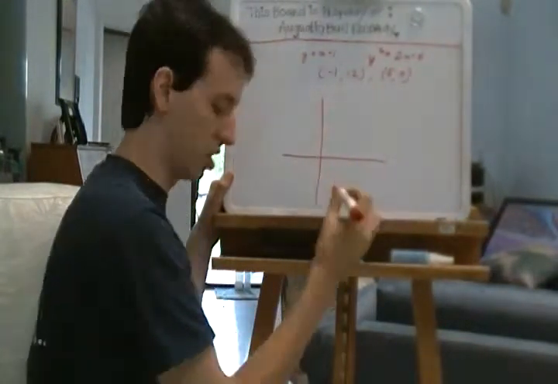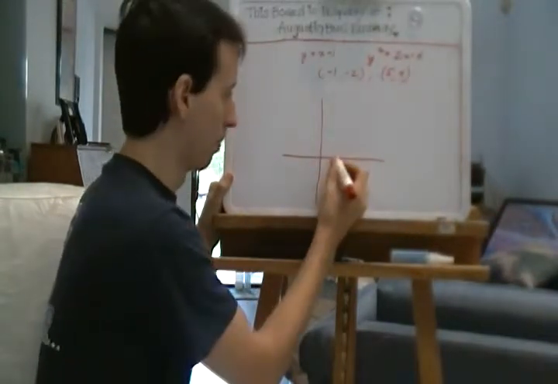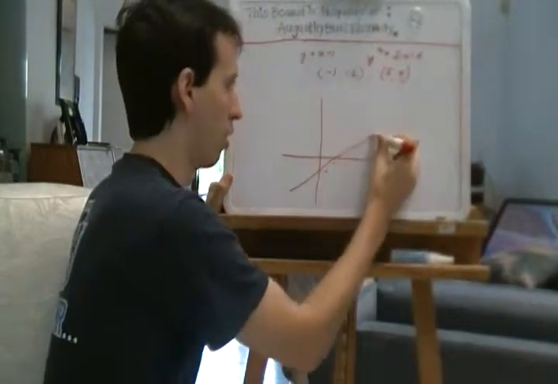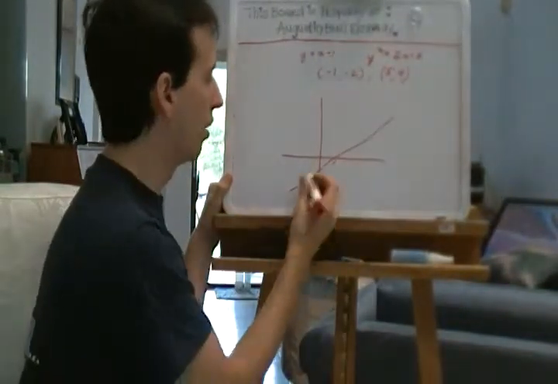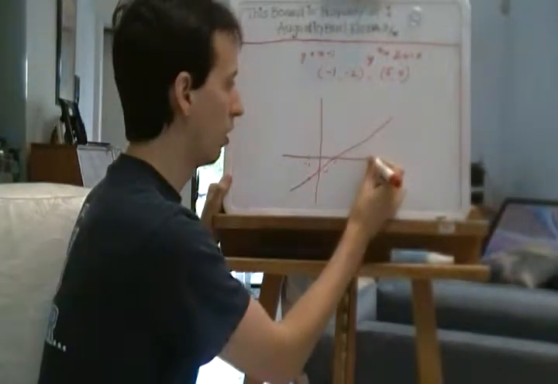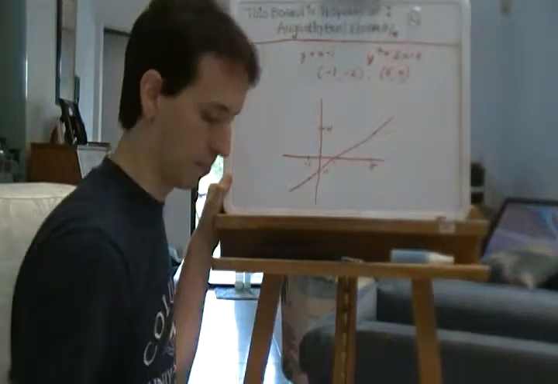Well, the first thing you'll notice here is that we have the line. It's going to go through there, and we know that -1 is going to be a point of intersection, and we know that 5 is going to be a point of intersection, and that would make this 4.